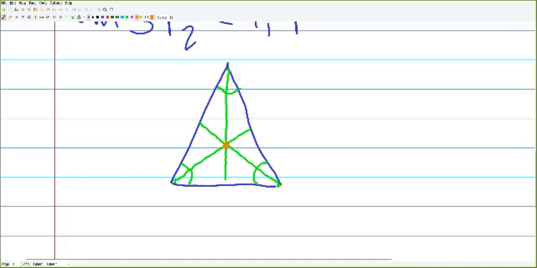And that point is the center of gravity. If I were to put my finger there, I would be able to sustain it.